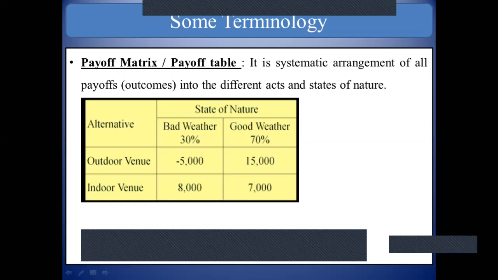If you select this option, definitely you will not have any opportunity loss. You will not get any loss. But if you select this option, definitely you will get some loss, and that loss occurs by not selecting this indoor venue.